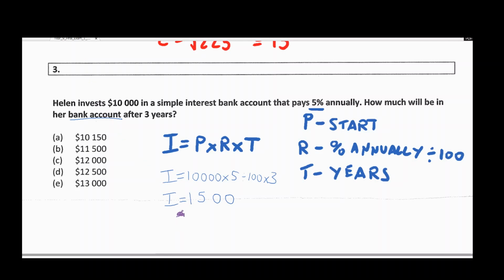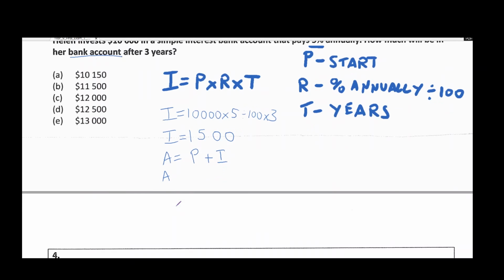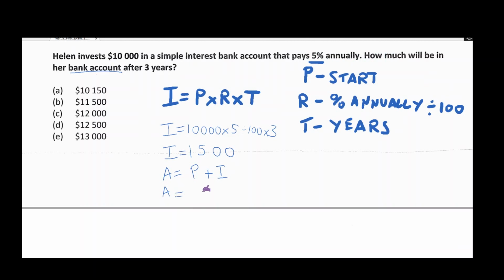So our amount is going to equal our principal plus the interest. So the amount in this case is our principal, which was 10,000, plus our interest 1,500, and that gives 10,000. No, sorry, my mistake. 11,500. So it's B.